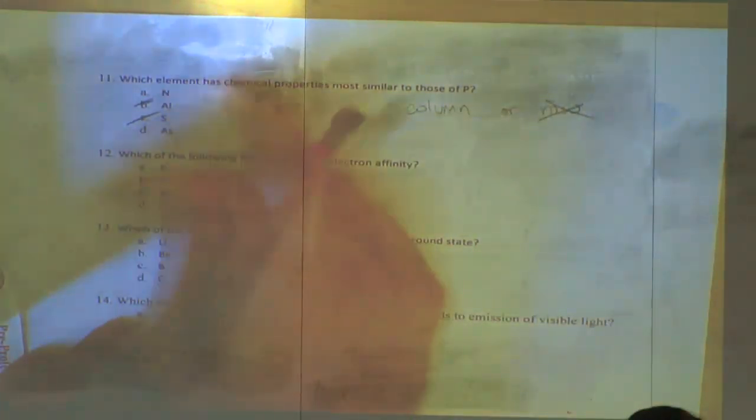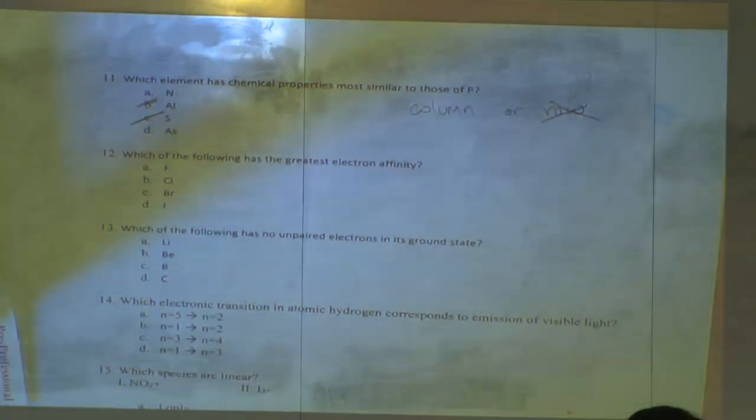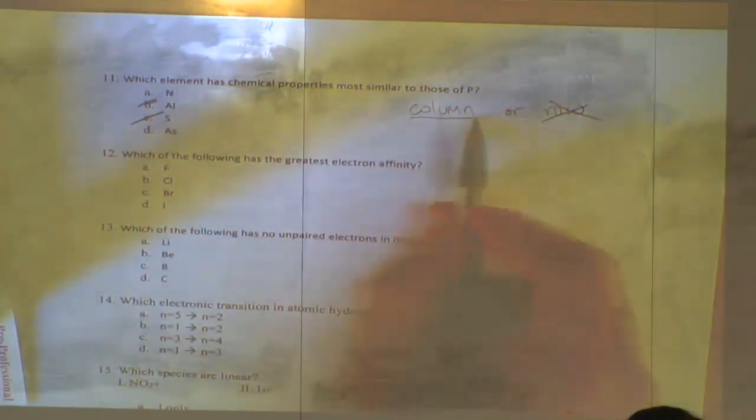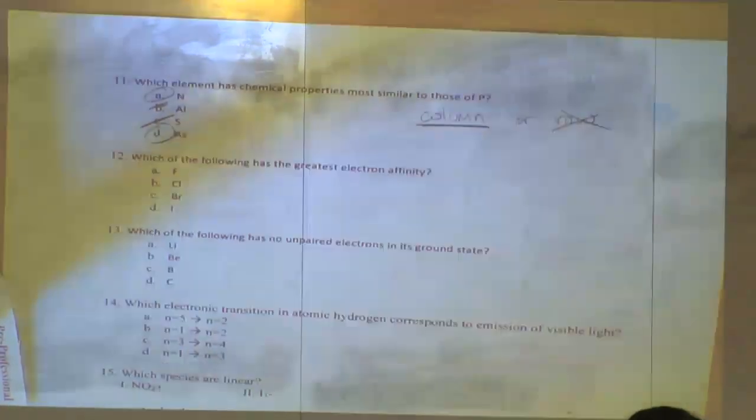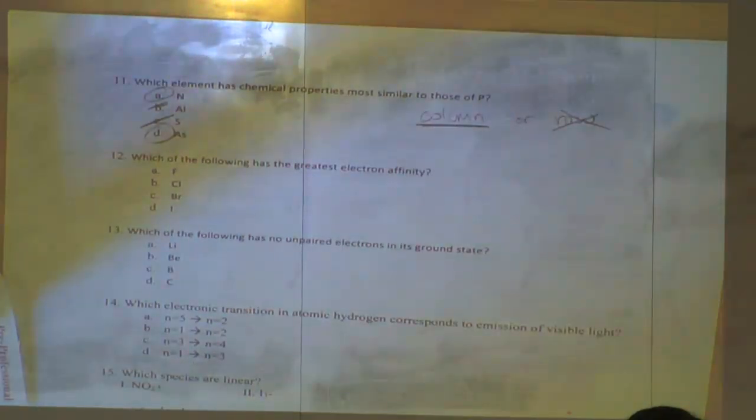AS is in the same column, right under. All right, cool. The main concept here is that they're in the same column. Any ones in the same column would work, so this one happens to have both, and that's just bad answer selection. But I can see how you would have deduced that. So same column, we have similar properties. Any questions about that?